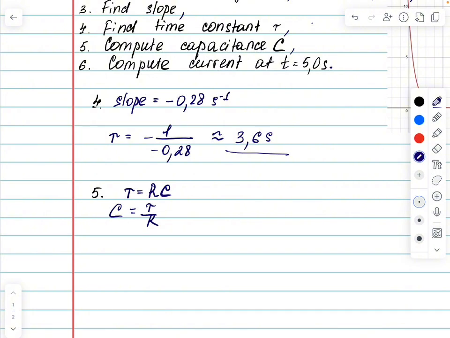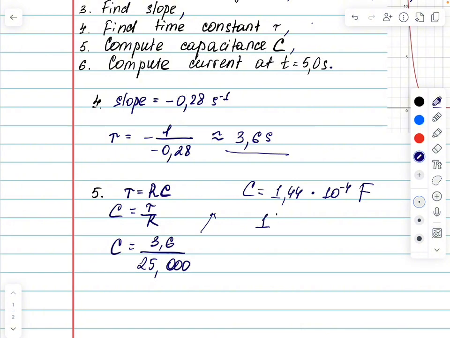And substituting the values, our capacitance is 3.6 seconds divided by 25,000, and this gives 1.44 multiplied by 10 to the minus 4, which is 140 microfarads. So the capacitance is approximately this.